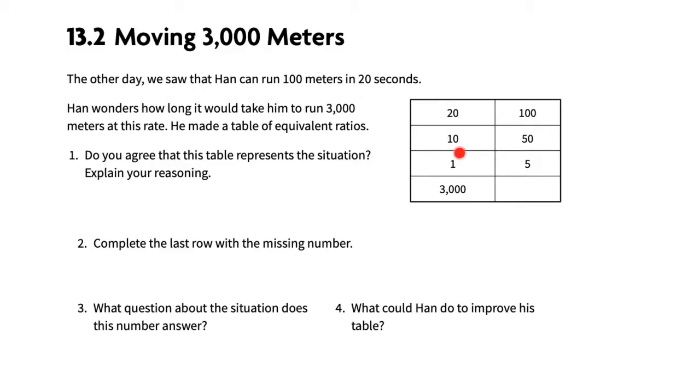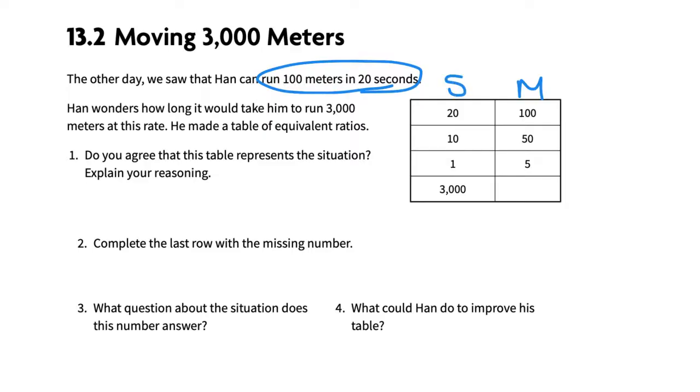Well, parents and teachers, we want to label things. So we want to get students to start to label. When we have this ratio of 100 meters in 20 seconds, we see that this 100 represents meters and this 20 represents seconds. So we're going to label that M for meters and S for seconds.